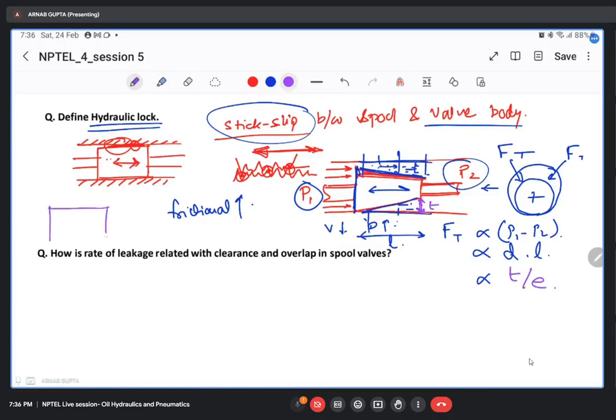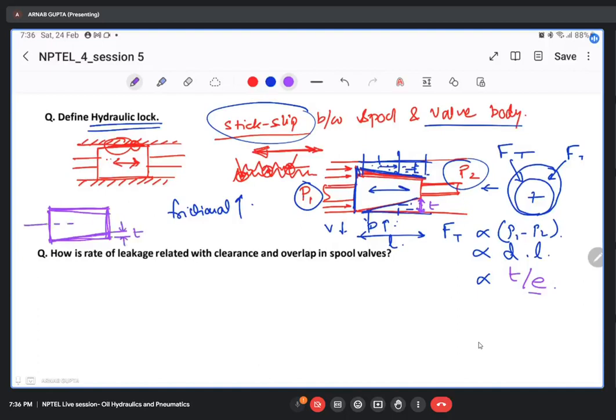Suppose the spool should ideally be like this one, but due to some manufacturing error, or due to prolonged usage, thermal distortion may occur, and it has got tapered like this. So this particular value is what I am noting as T, and E is basically the eccentricity.